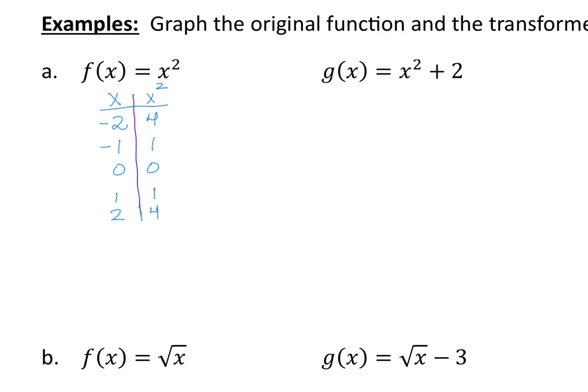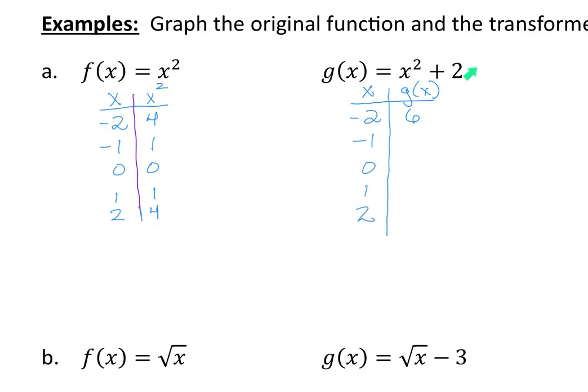All right, we want our new function. I'm going to do this two ways here. The first one is I'm going to actually compute it, and then we're going to compare it back to our parent function. So again, we're going to plug in -2, -1, 0, 1, and 2. If we start by squaring -2, we get 4. We add 2 onto that, and we get 6. We plug in -1. If we square -1, we get 1.